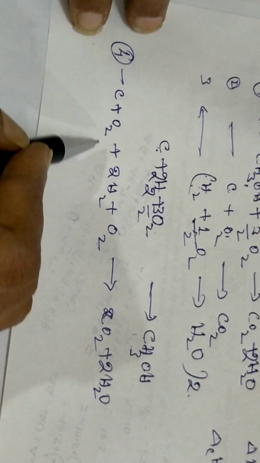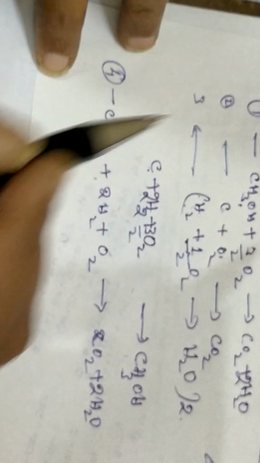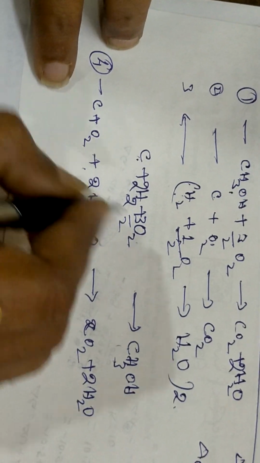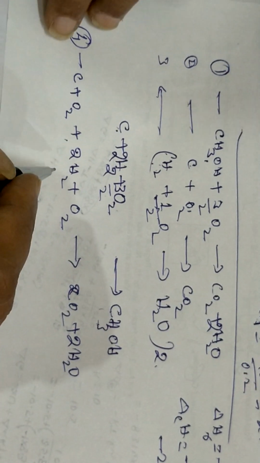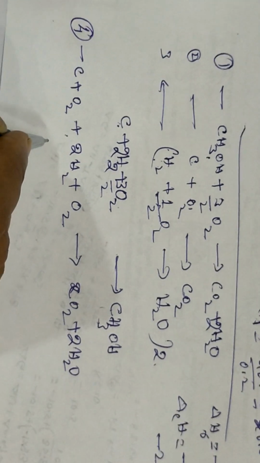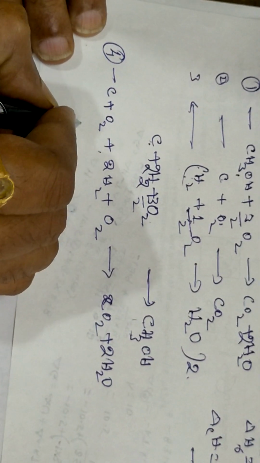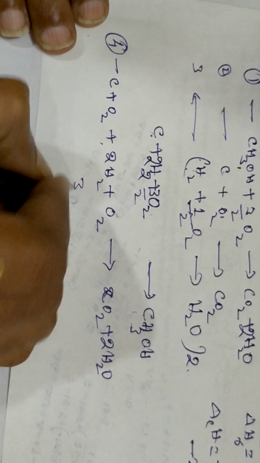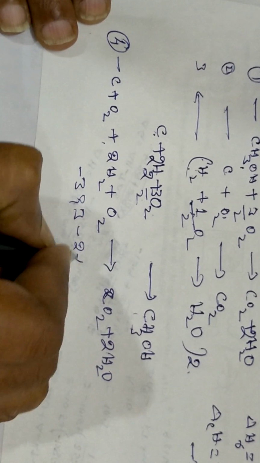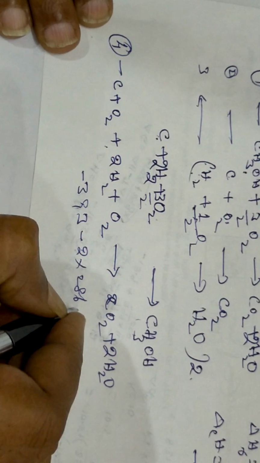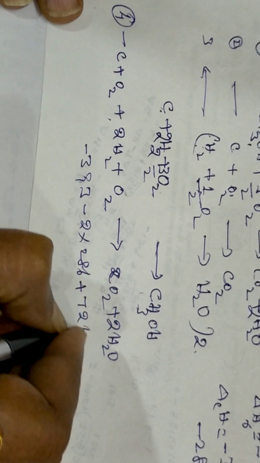If I take out equation 1 from 4, you will get the heat of formation. That is what we require. Simply I will write the final one: minus 393 minus 2 into 286 plus 726.